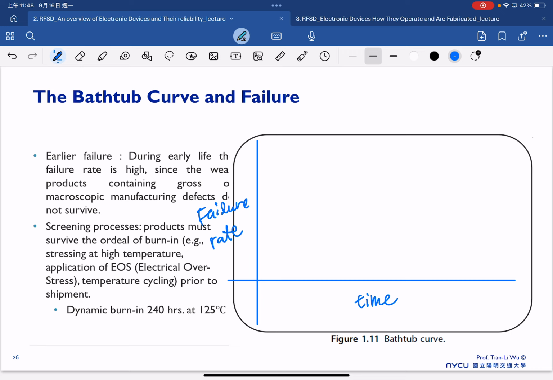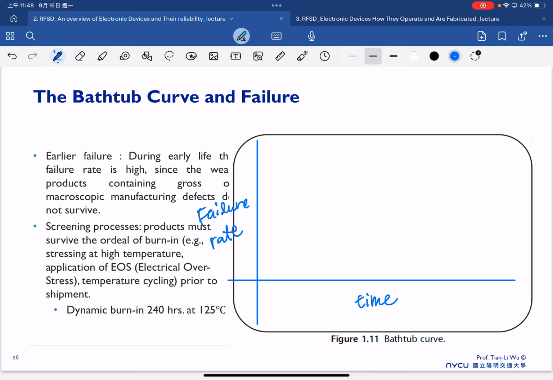Now I think you start to get a better sense of the concept that when we talk about reliability, it's always related to time. And when we talk about reliability, we are always interested in the failure rate and acceleration rate, because it's all related to how we model the failure and, in the end, how we estimate the lifetime.